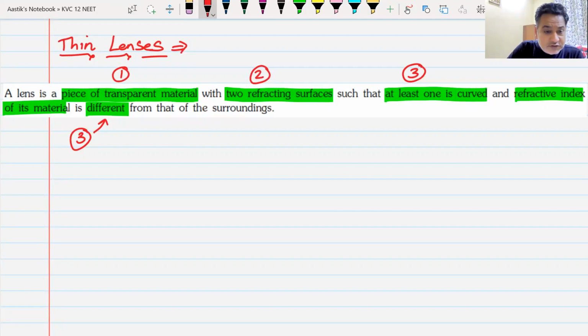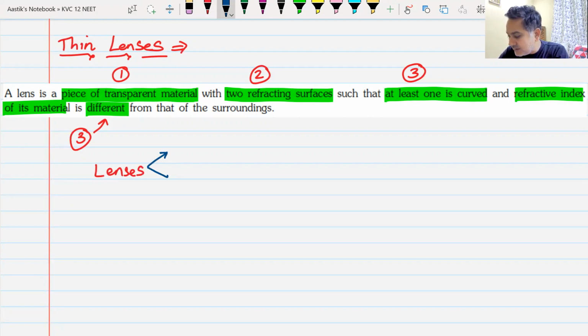Okay, now once you know lenses, as soon as I talk about lenses, you must know that there are two types of lenses. Yes or no? Yes, sir. What are those two types of lenses? Tell me quickly. Convex lens and concave lens. What are the other names for these two lenses? One is convex, the other one is concave. What is the other name for this?